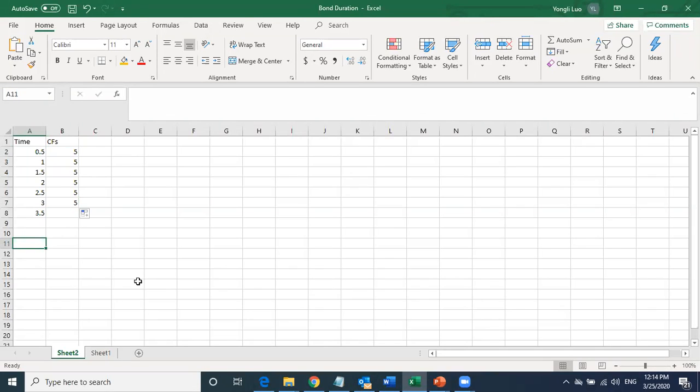Okay, so let's see, we put something right here. Yield is 10%. And this is the par value is 100.